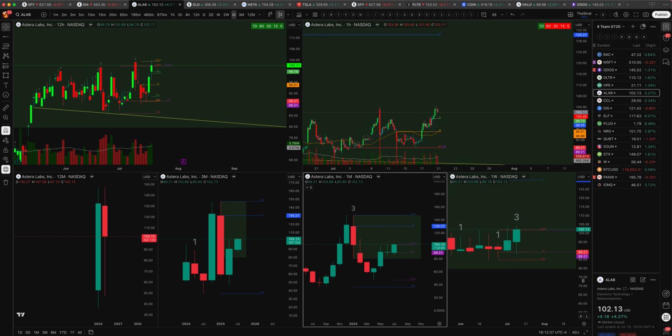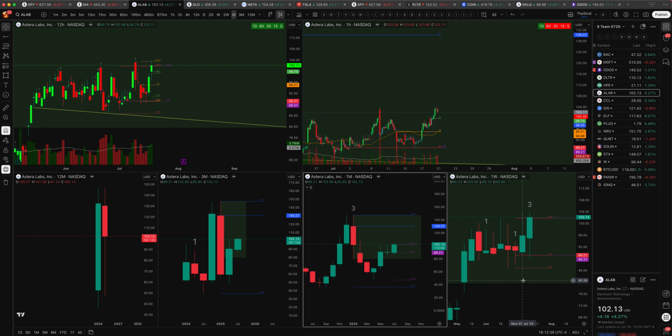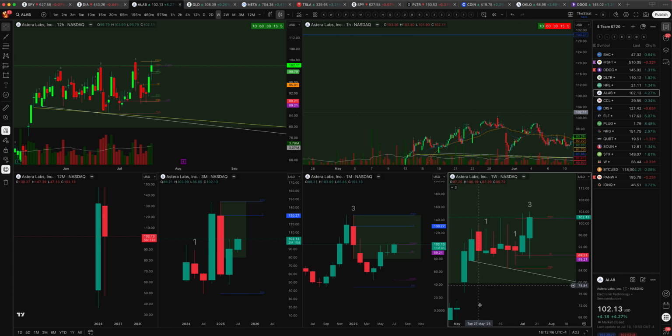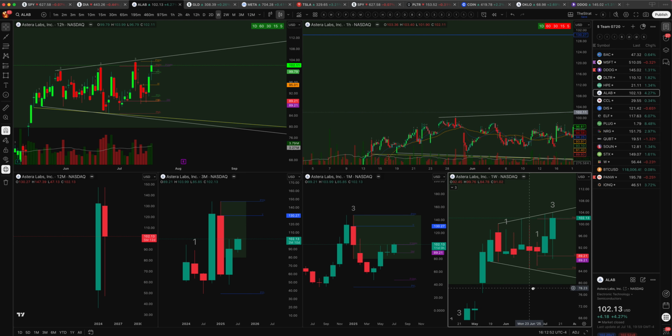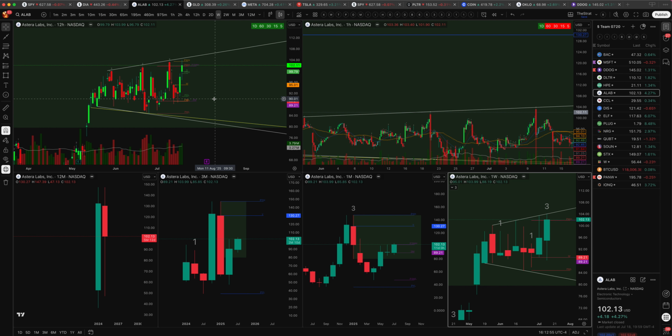Now, if we're looking at it from a long-term point of view, we just triggered two up on the month, green on the month, and green on the quarter as well, re-triggered on the quarter.